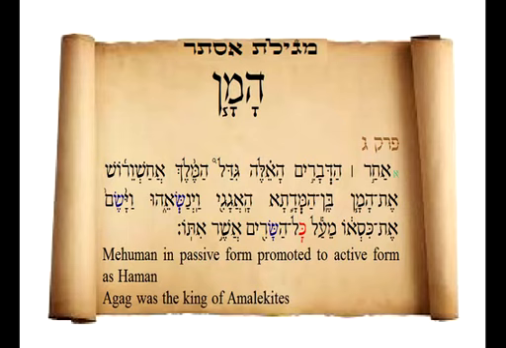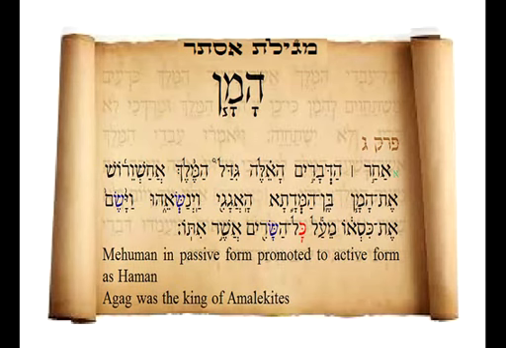And the Torah issues the edict that these people must be eradicated. And now in this story, suddenly the roles are reversed, and it is the same Amalekites who are essentially threatening to eradicate the Jewish people. The irony of the story.